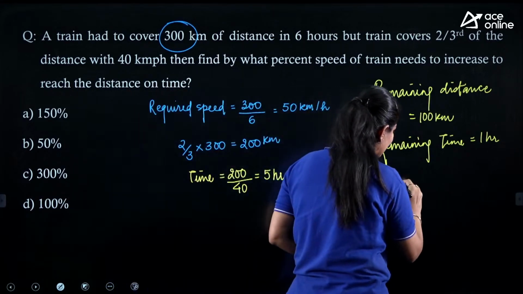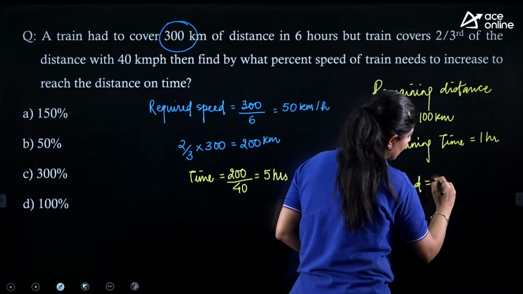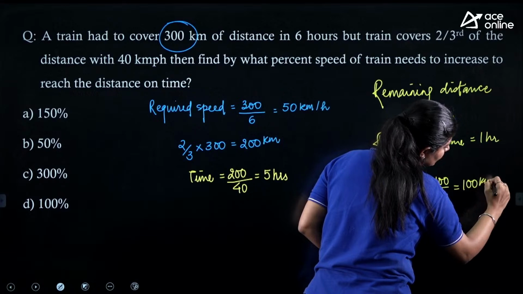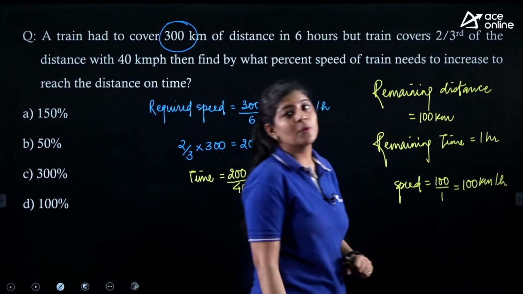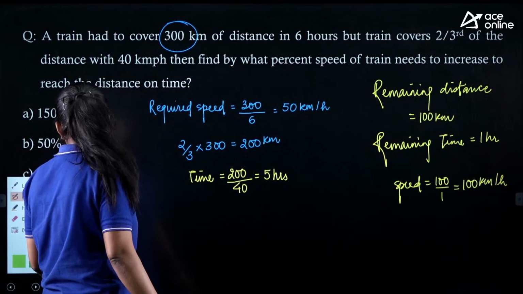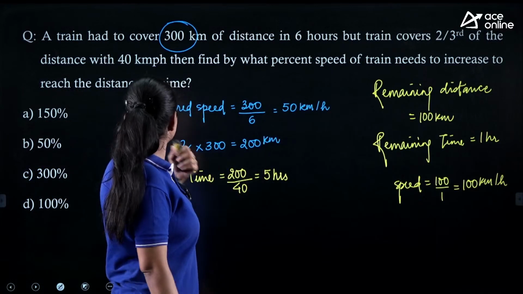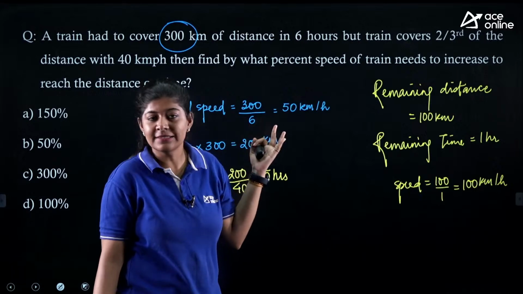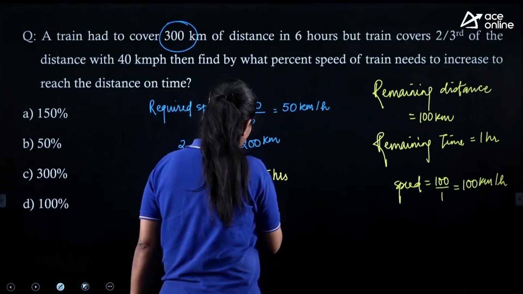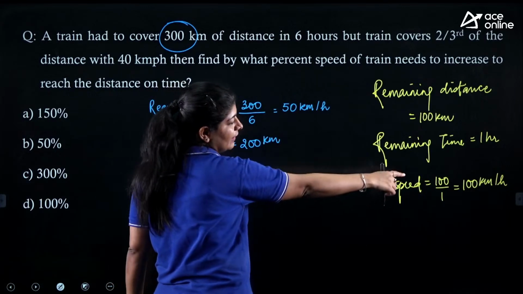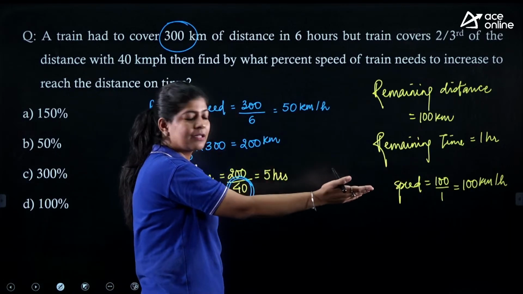So the speed required is 100 by 1, that means 100 kilometers per hour. Now the question wants to know by what percent the train needs to increase its speed so that it will reach at the same time. Here we are moving at 40 kilometers per hour and we need to go at 100 kilometers per hour.